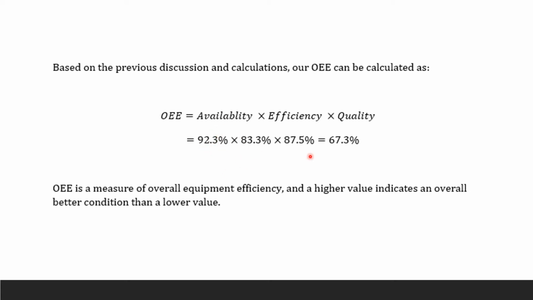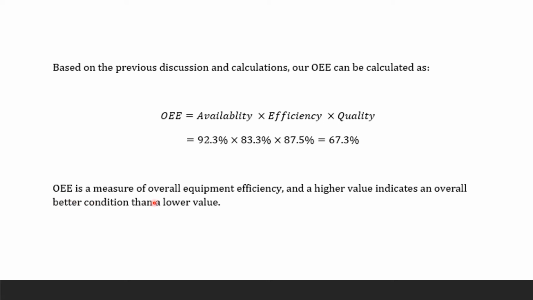These units come from your previous examples. In availability we get 92.3%, efficiency we get 83.3%, and quality we get 87.5%. Now we calculate OEE by multiplying all of that, and you will get 67.3%.